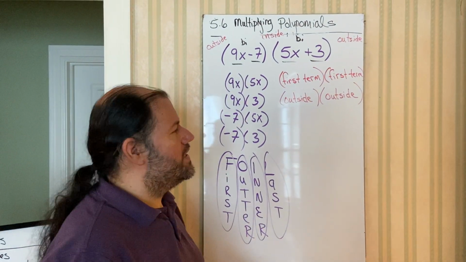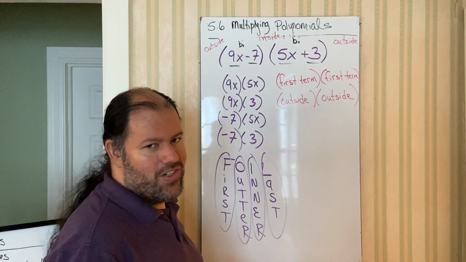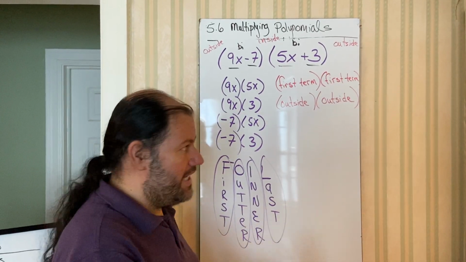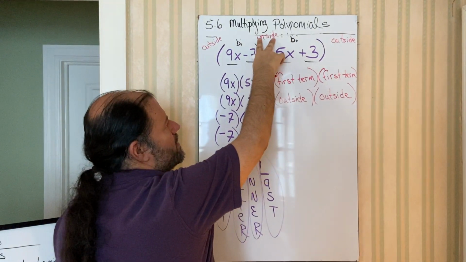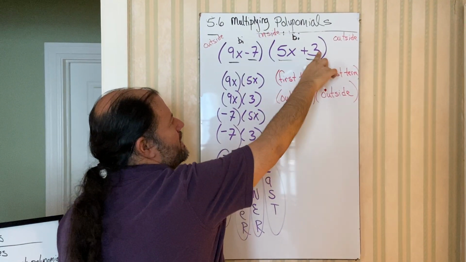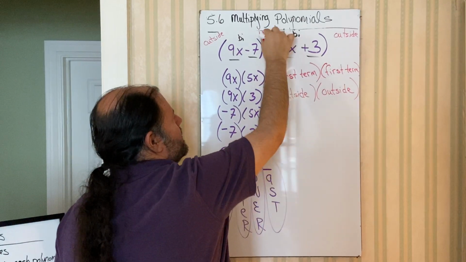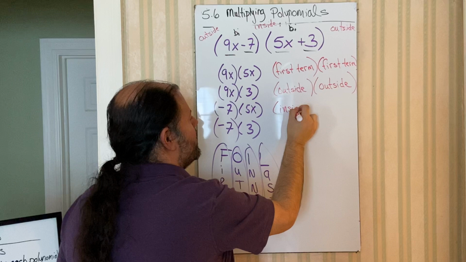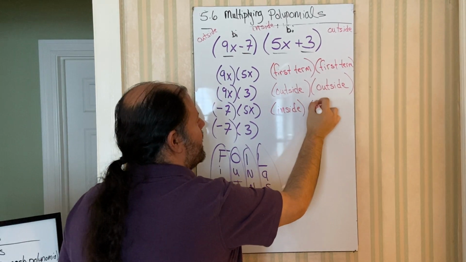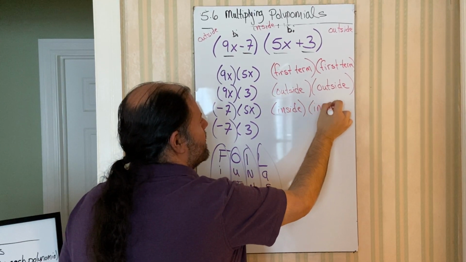And of course then, what does inside mean? The two terms that are closest to the middle, the inner area. This and this are the two terms that are closest to the inside. Okay? These are closer to the outside than to the inside. So it's inside term times inside. That's why they call it inners.